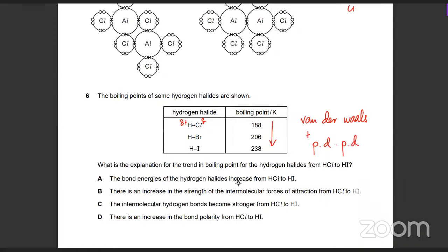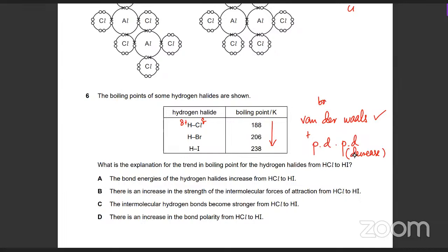Now the question is, down the group, the molecule size increases. So which force is actually increasing? Van der Waals only, because the permanent dipole should decrease. They should decrease because the electronegativity decreases. The permanent dipoles decrease down the group because the atoms are becoming less electronegative.